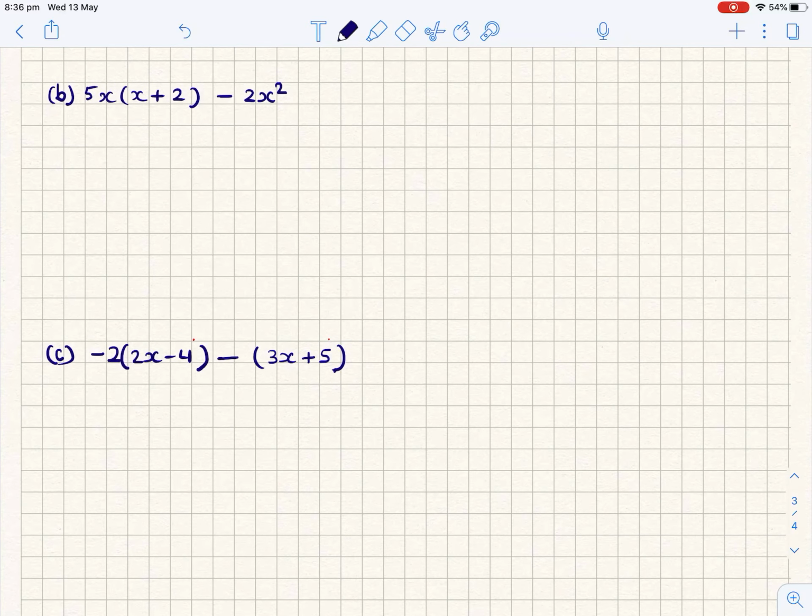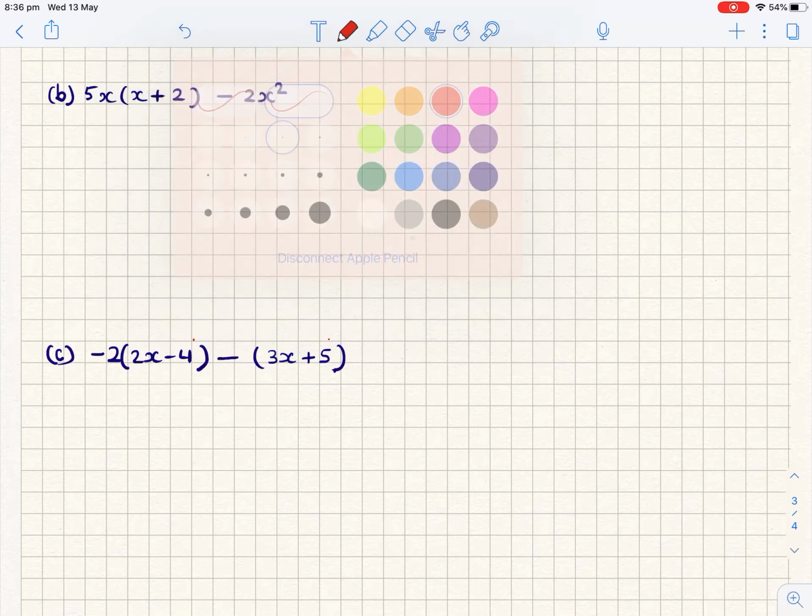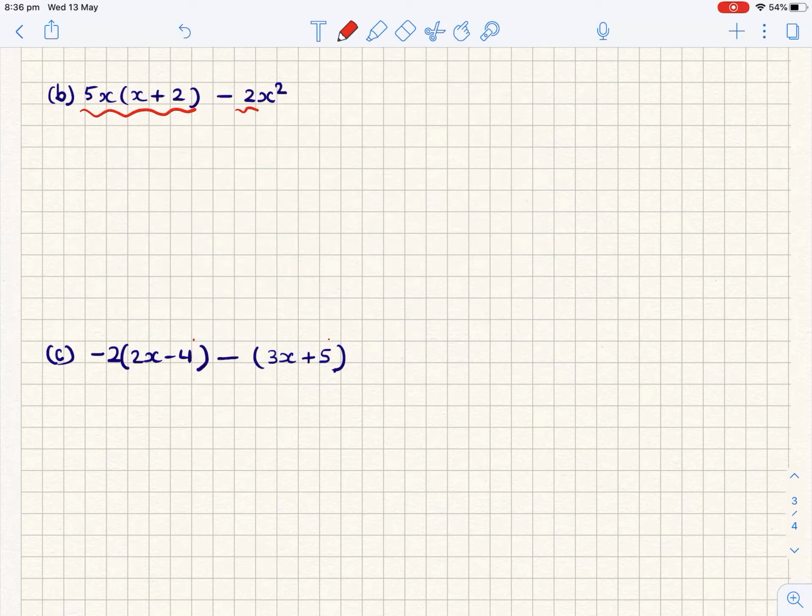Let's look at part B. Now again, in this case, we have actually 2 terms. They are separated by a negative sign. So 5x is only with the bracket, not with the last term of the expression. So we need to multiply each term inside the bracket with 5x. You get 5x times x, plus from the bracket 5x times 2, and write the last term as it is.